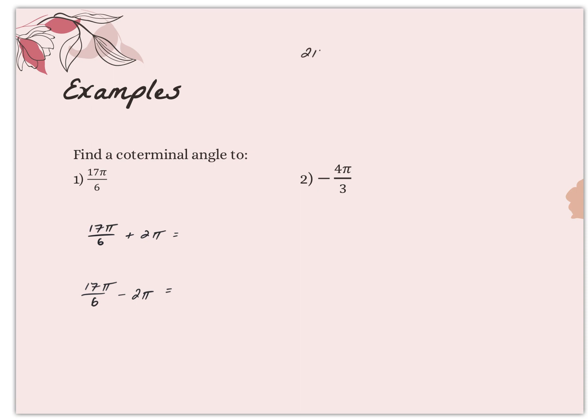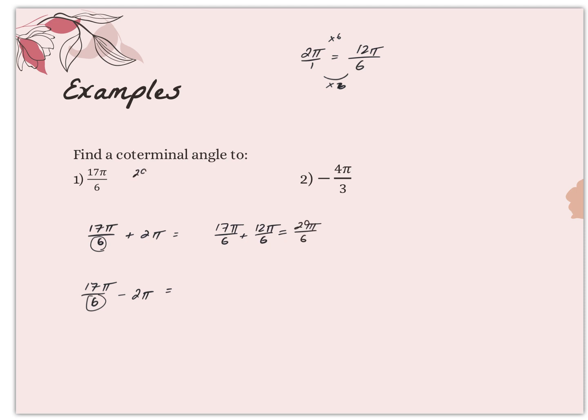If I want to convert 2 pi to a fraction over 6, because to add or subtract my denominators have to match, I multiply the bottom by 6, so I have to multiply the top by 6. And I know that 12 pi over 6 is equivalent to 2 pi. So I'll do 17 pi over 6 plus 12 pi over 6, and that's 29 pi over 6.